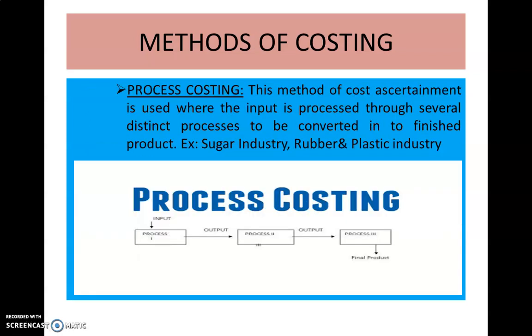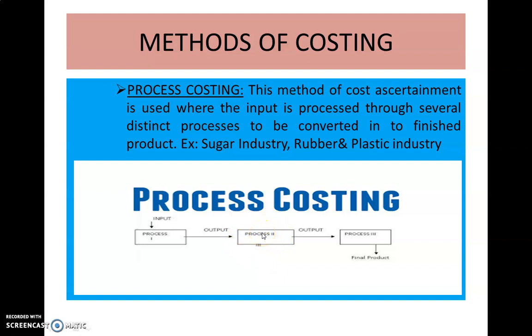Next, process costing. This method of cost ascertainment is used where the input is processed through several distinct processes to be converted into a finished product. The output of each process becomes the input to the next process. See, the output of process 1 is the input of process 2.